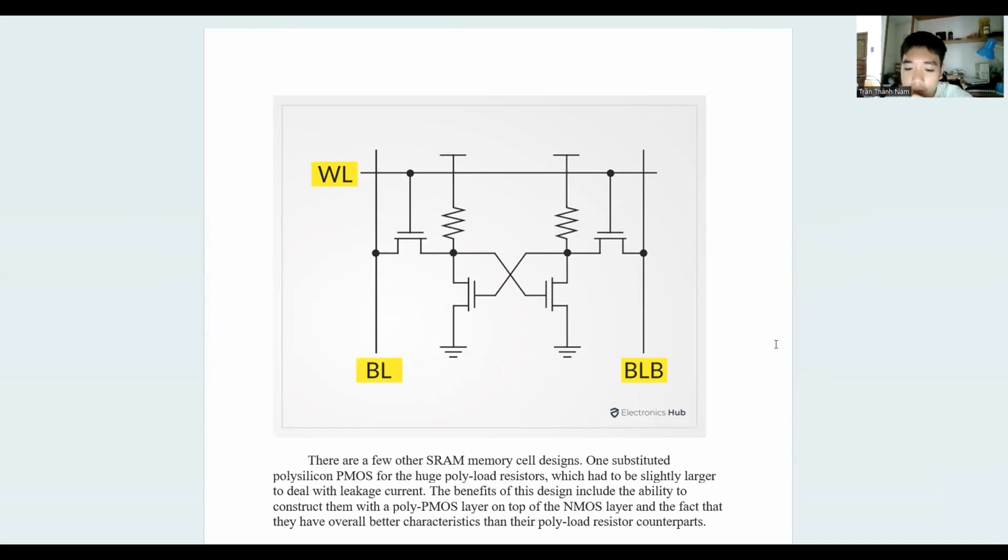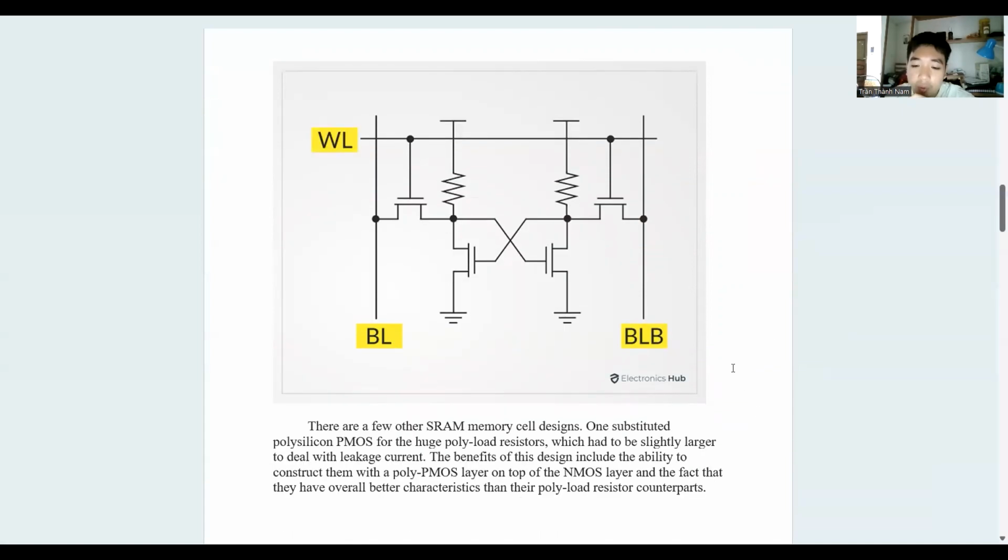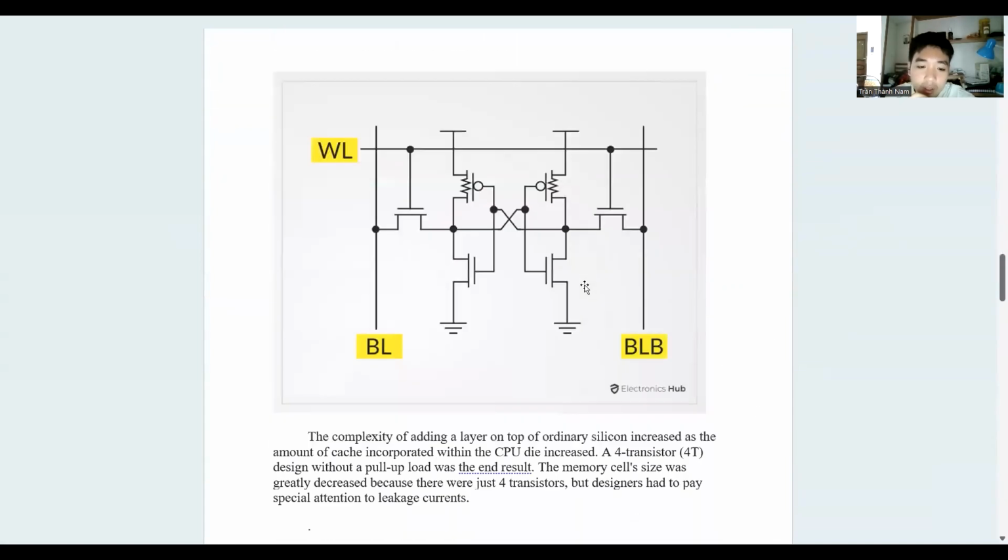The benefits of this design include the ability to construct them with a poly PMOS layer on top of the NMOS layer, and the fact that they have overall better characteristics than their poly load resistor counterpart.